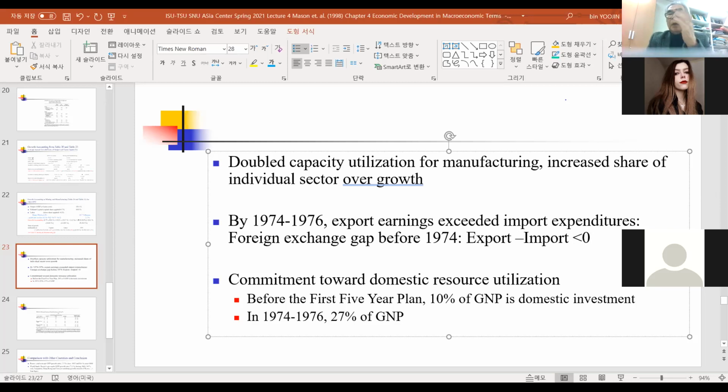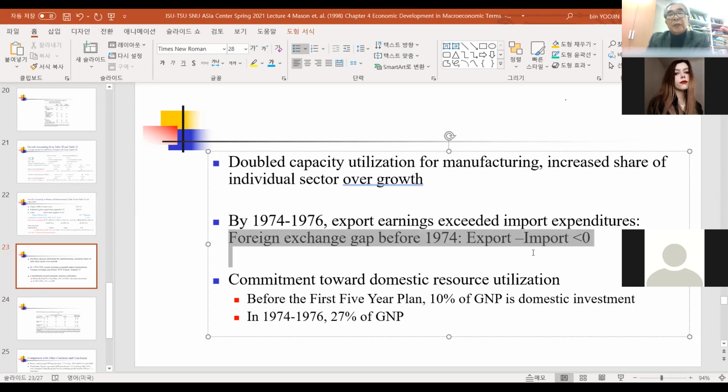So import was always greater than export, persistently. So foreign exchange gap means export earnings are short of import demand, import financing. Therefore, the exchange gap exists, right?